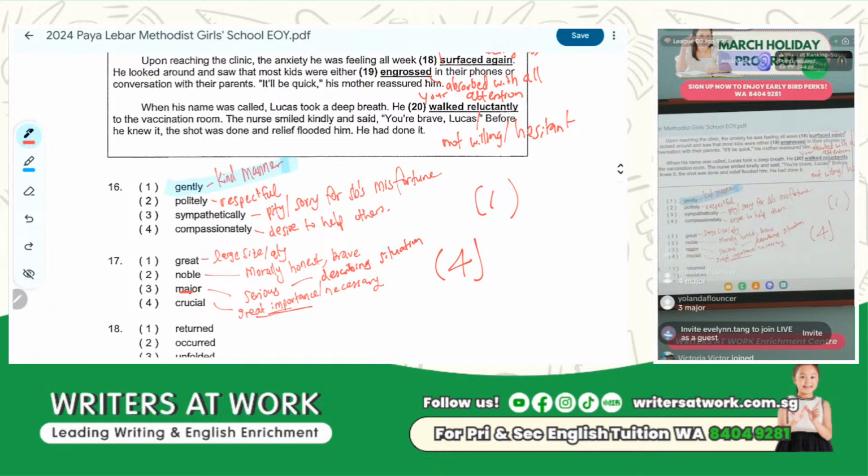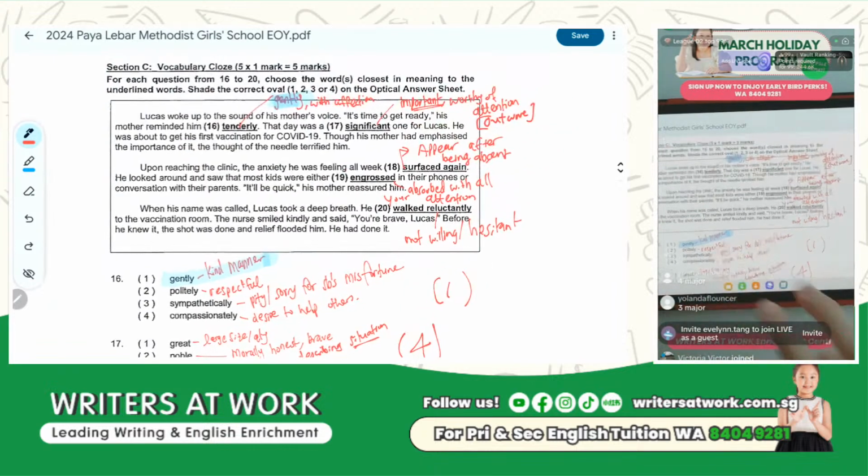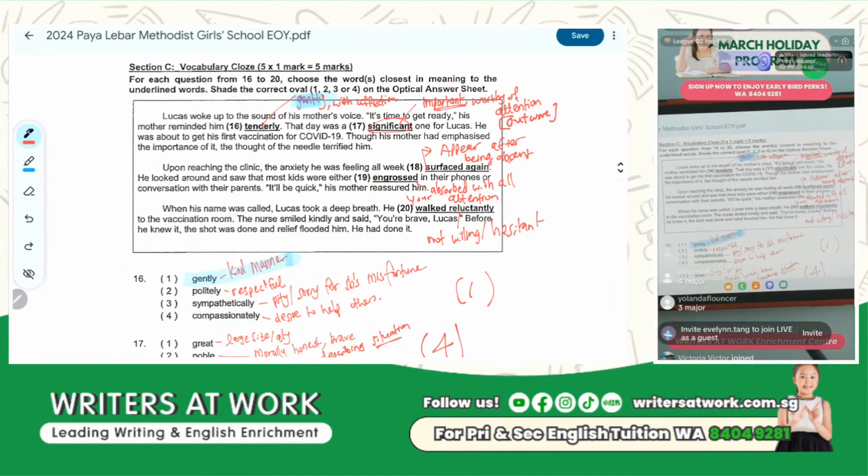Okay, so I hope this will answer why your answer is wrong, Yola influencer. Because as stated earlier, major tells you about the situation and not the outcome. But for this case, when something is significant, we are looking at the outcome and how it has a very great impact on someone or something.